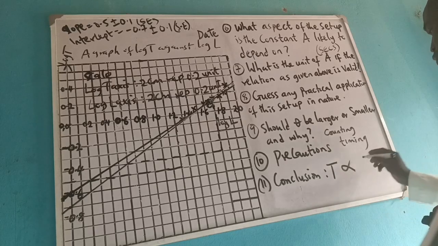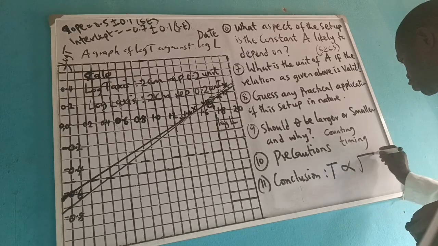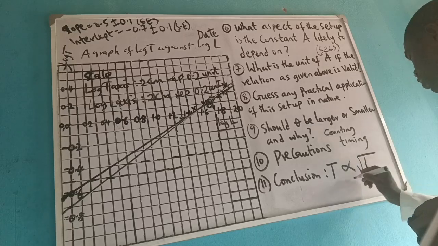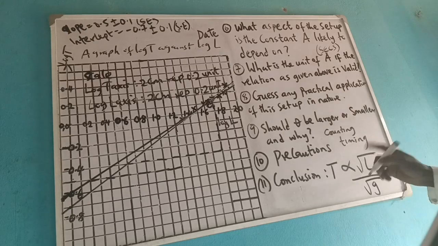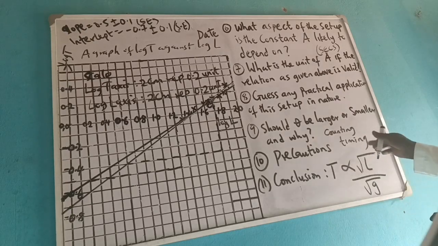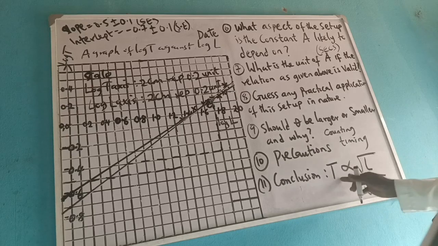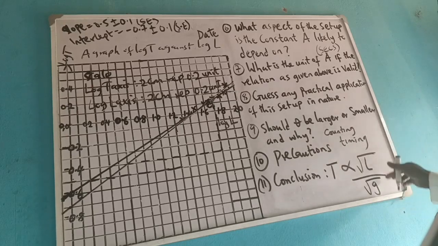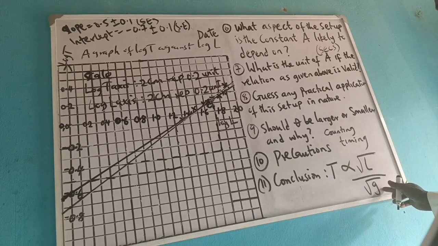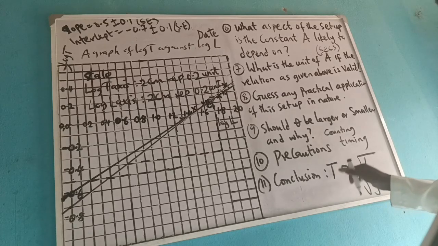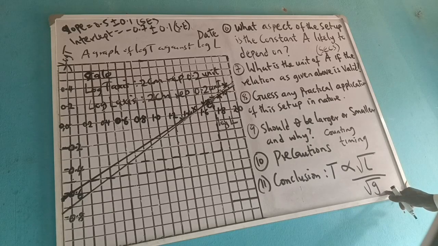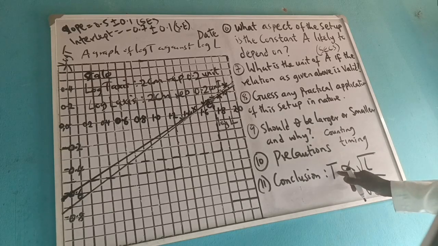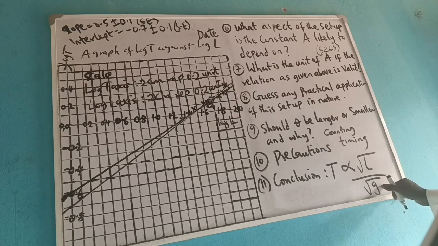You remember that T is directly proportional to root L all over root g. So it is directly proportional to root L, and it is also inversely proportional to root g. Because the higher the period, the lower the acceleration due to gravity, and the lower the period, the higher the acceleration due to gravity. I don't know if you are getting what we are saying.